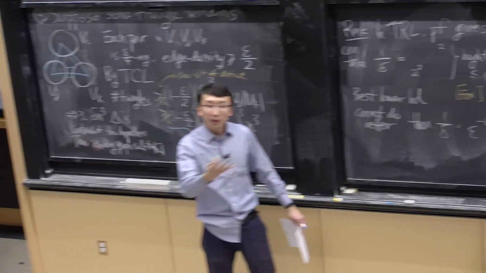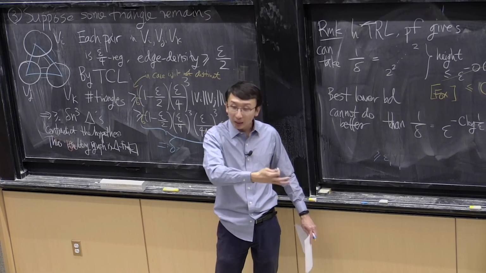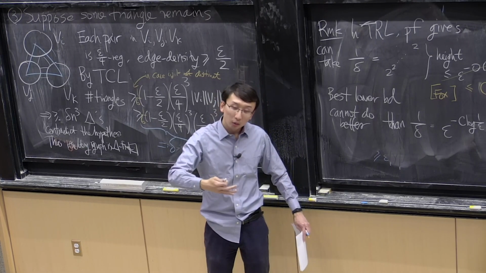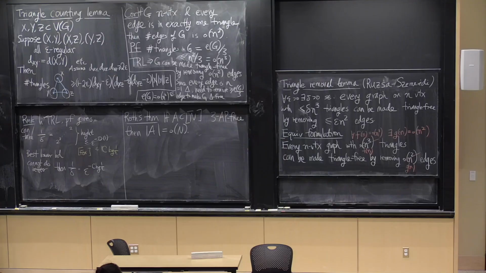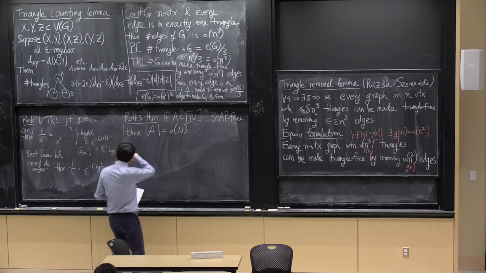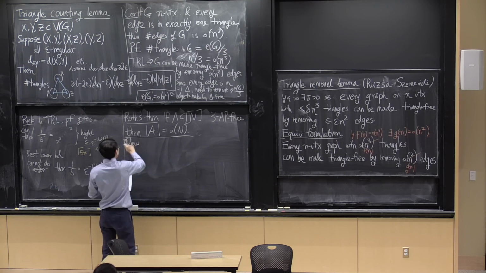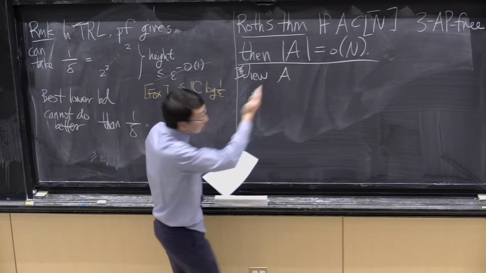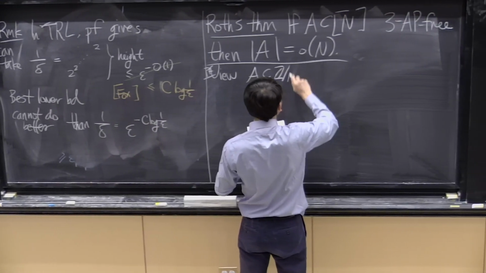In particular, the 3-term APs in the set correspond to the triangles in the graph. Okay, so let's set up this graph. It will be helpful to view A not as a subset of the integers. It will just be more convenient to view it as a subset of a cyclic group.